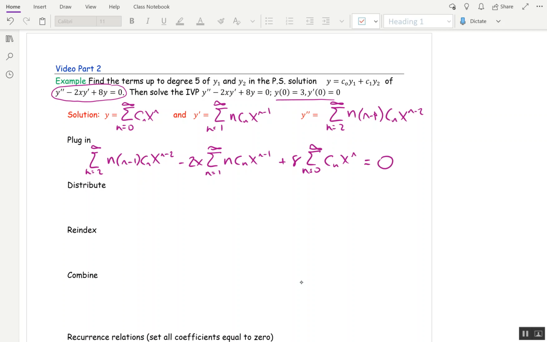All right, distribute. So I'm going to bring the 2x in, and I'm going to bring the 8 in. So the first power series remains unchanged.